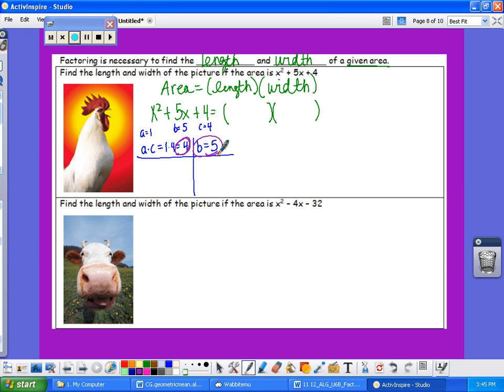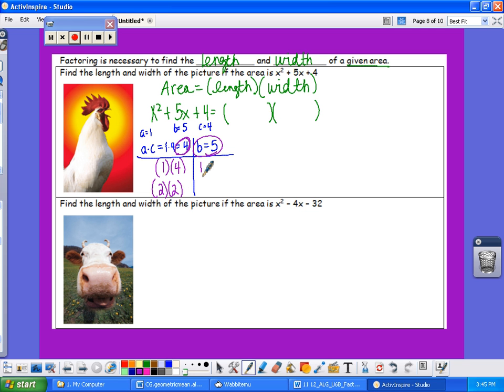So I don't have a lot of factors for 4. What are they? Go ahead and name them. Okay. Did you get 1 times 4 and 2 times 2? I hope so. If not, erase and correct.